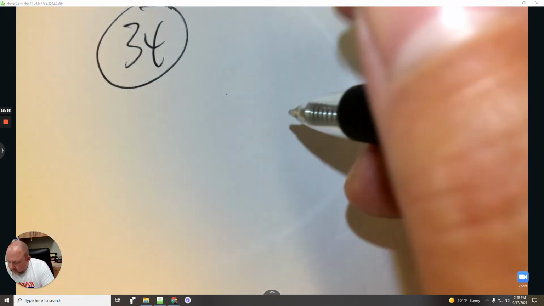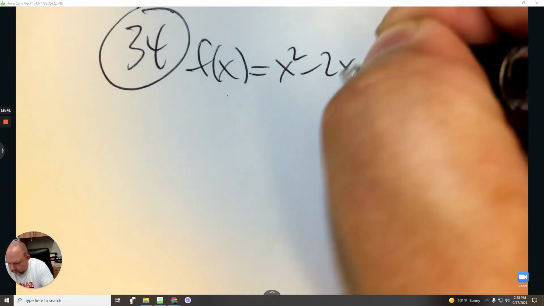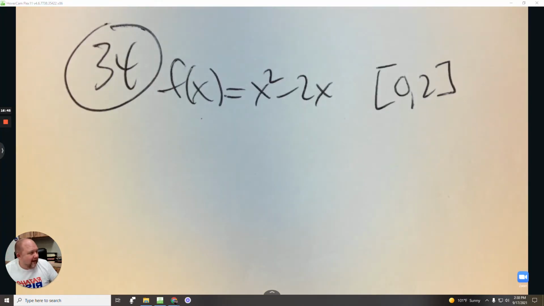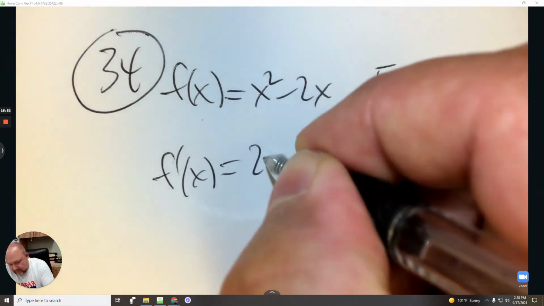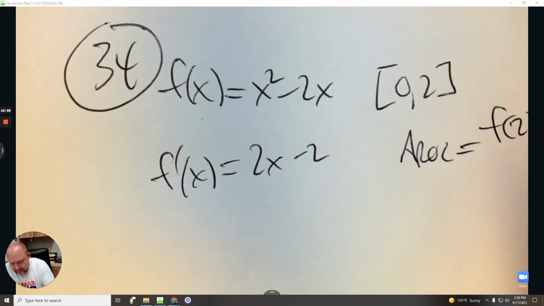34. Alright, this one is continuous and differentiable, so it does apply. The derivative, that's the easy part. AROC, set it up.